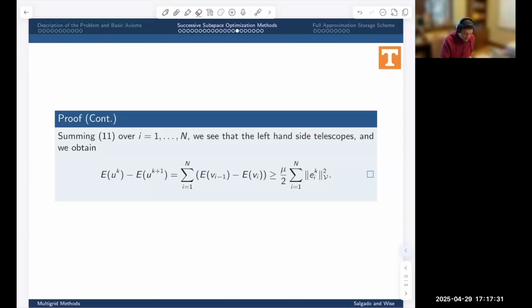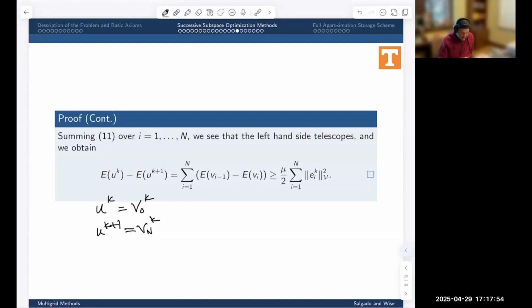Well, first of all, I want to recognize that u^k is just going to be equal to v_0^k, right? That's how I initialize things. And then u^{k+1} is equal to v_n^k.